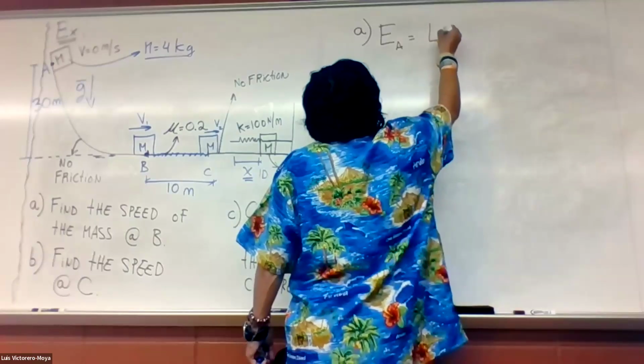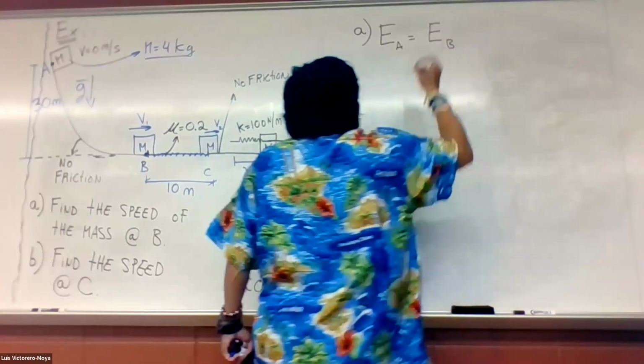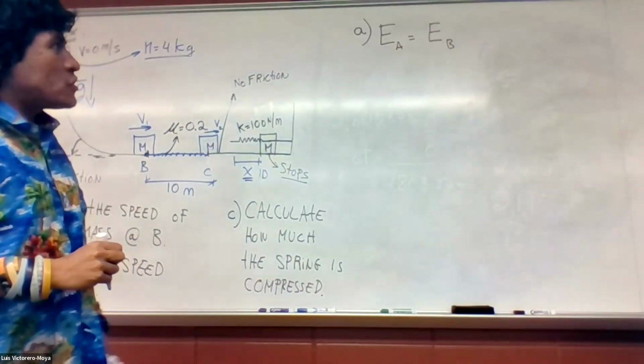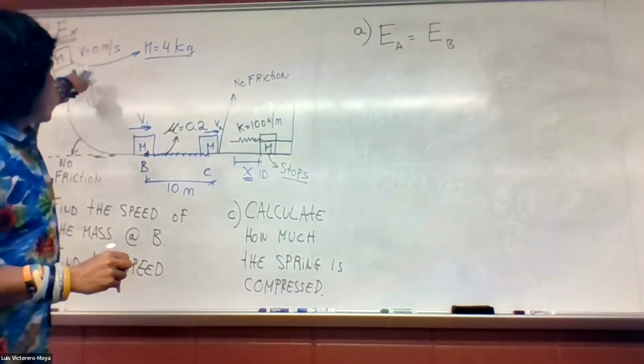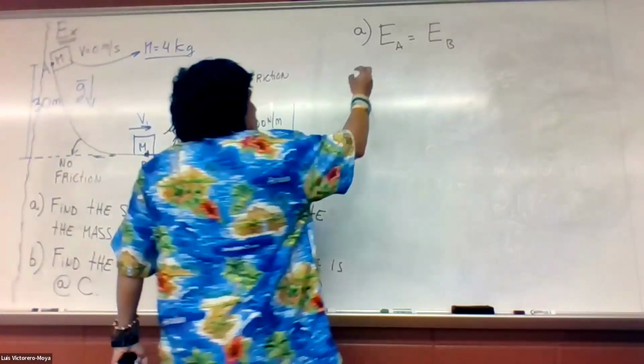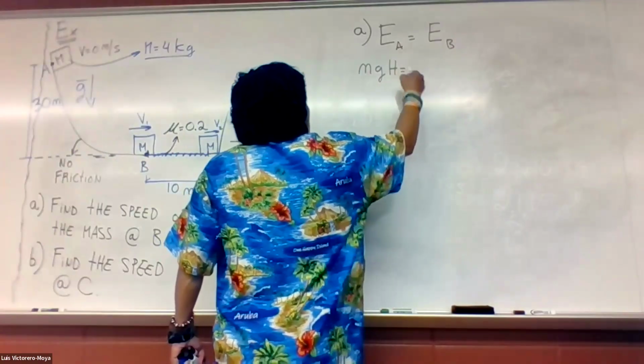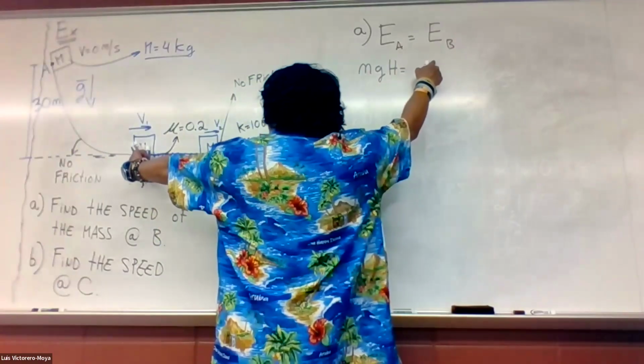I set up EA is equal to EB, so MGH is equal to half M, the velocity of B squared. Yeah, very good. Mechanical energy at A is equal to mechanical energy at B because it's conservation of energy, no friction. So yeah, because it's at rest, MGH equals kinetic. B is just kinetic.